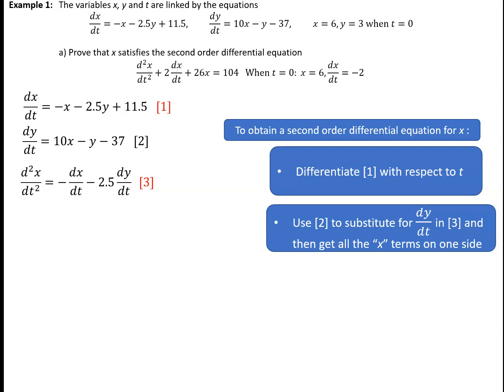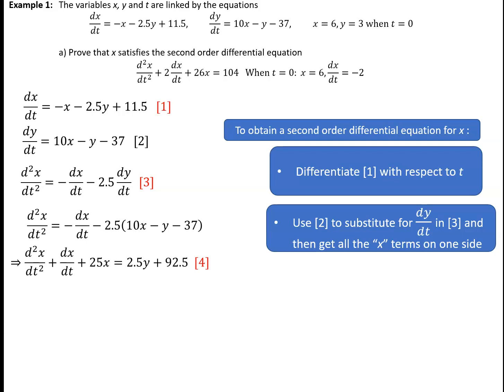So that will now give me d2x dt squared equals minus dx by dt minus 2.5 lots of 10x minus y minus 37. In other words, we've got d2x dt squared plus dx by dt plus 25x equals 2.5y plus 92.5.